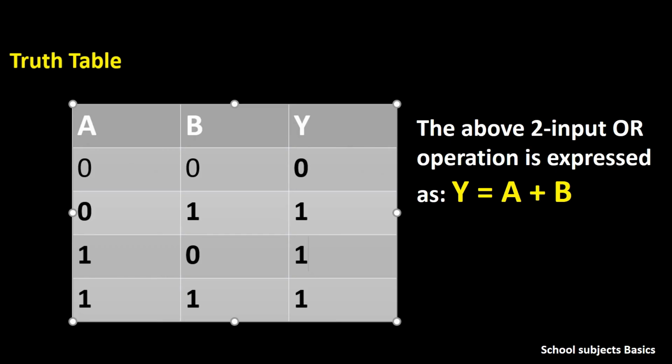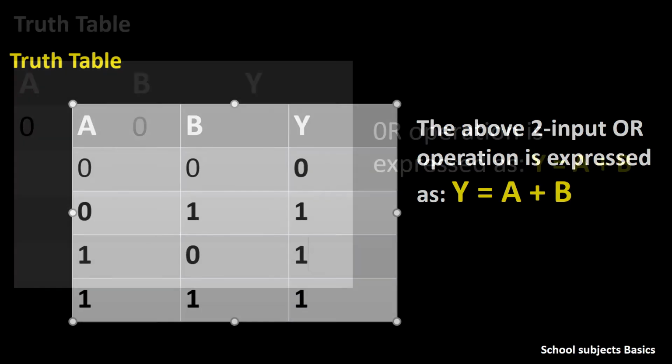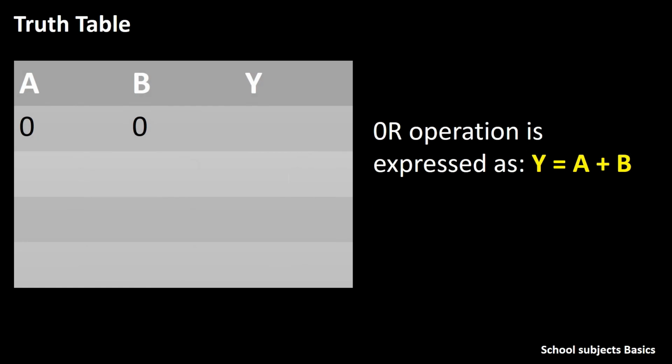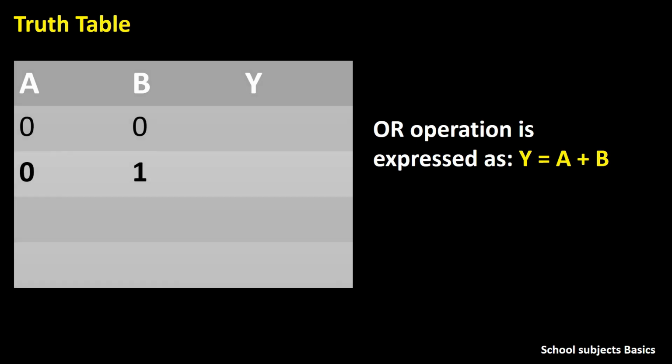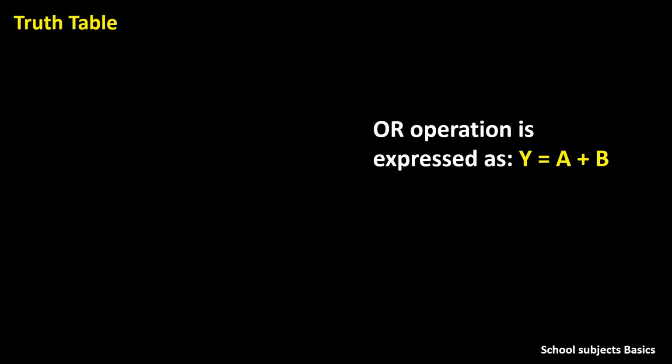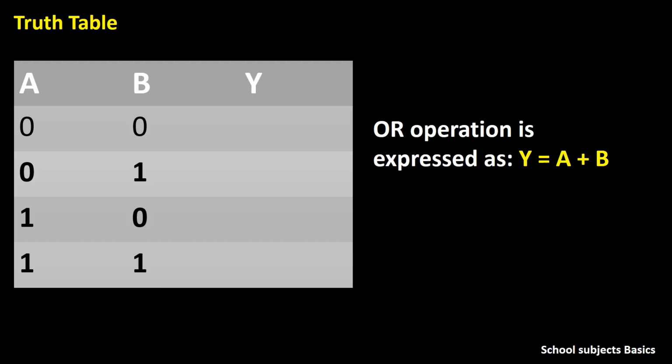So this is the truth table for the two-input OR operator, and that is expressed as y equals a plus b. Now how the result came, we can go step by step. First we draw the truth table, and the possible combinations are 0 0, 0 1, 1 0 and 1 1. That is the combination of two inputs.